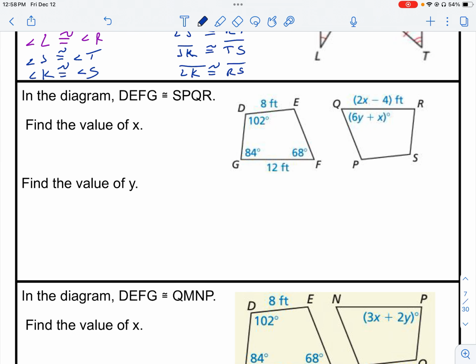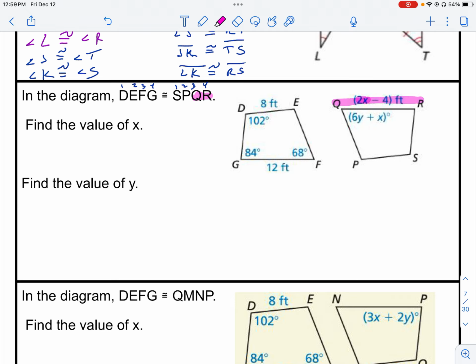So let's use that information and find out some more stuff. So in the diagram, DEFG is congruent to SPQR. So we got 1, 2, 3, 4. 1, 2, 3, 4. We know what goes together. Let's find the value of x. So here's our x. And x is going to represent QR.